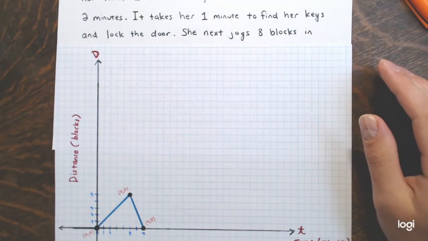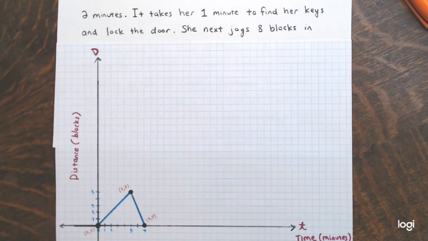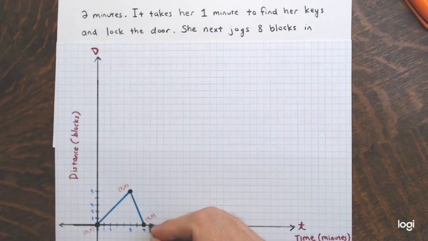It takes her 1 minute to find the keys and lock the door. So that means during that 1 minute, she is at home. So she doesn't move away from her house. So from the 7-minute mark to the 8-minute mark, 1 minute, in that minute, she is still at home. So even at the 8-minute mark, she is 0 blocks away from her house.